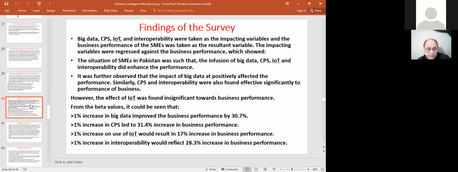A 1% increase in the use of IoT could result in a 17% increase in business performance. A 1% increase in interoperability could reflect a 28.3% increase in business performance. This is the cause and effect relationship analysis.